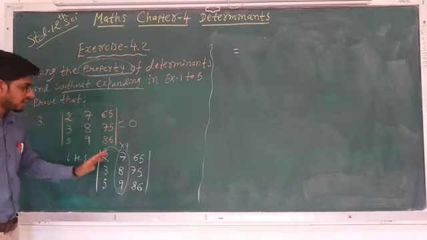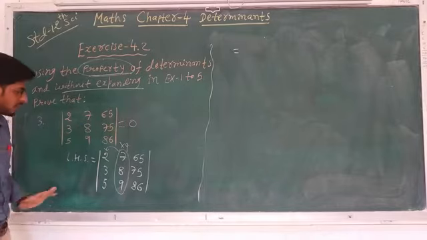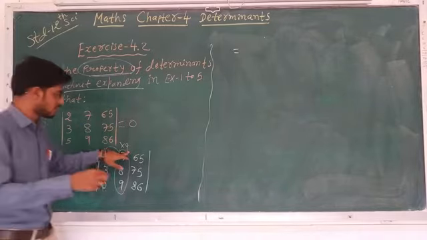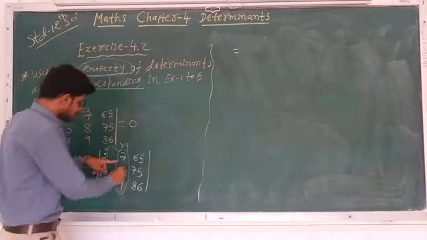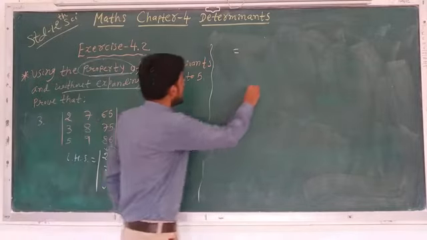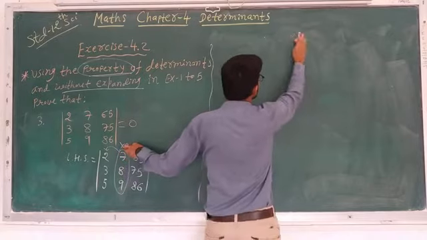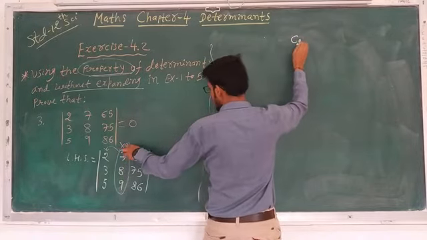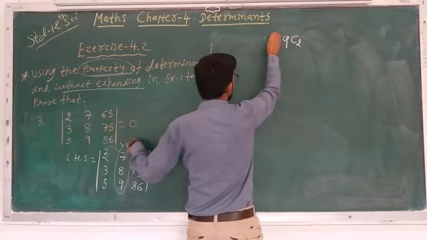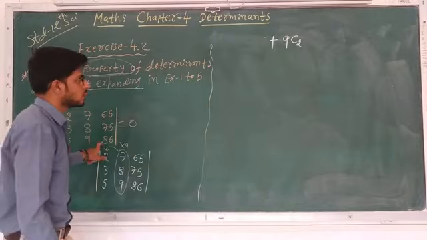So again we can apply the fourth property. So we will apply property number 6. We will multiply the second column by 9 and add in the first column.